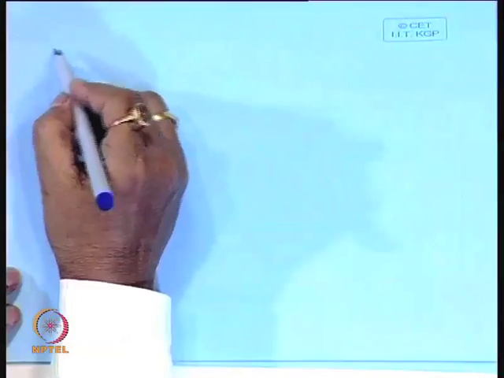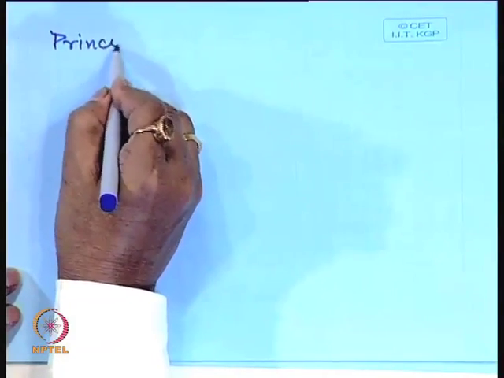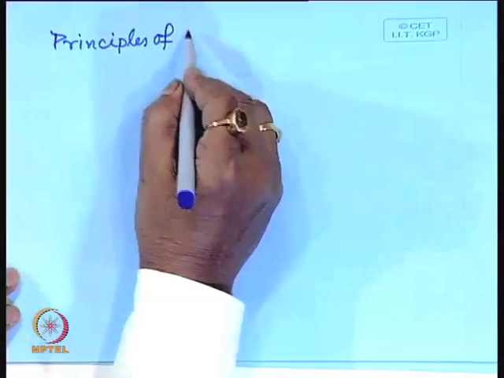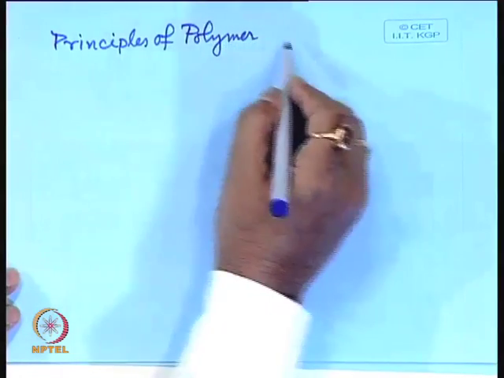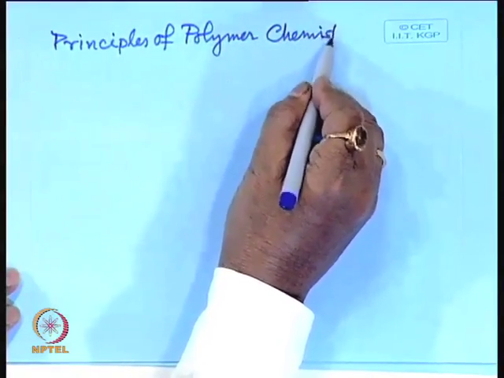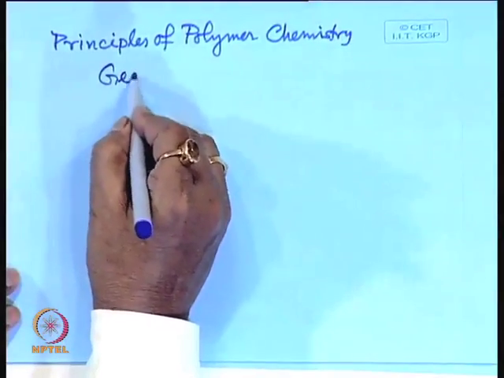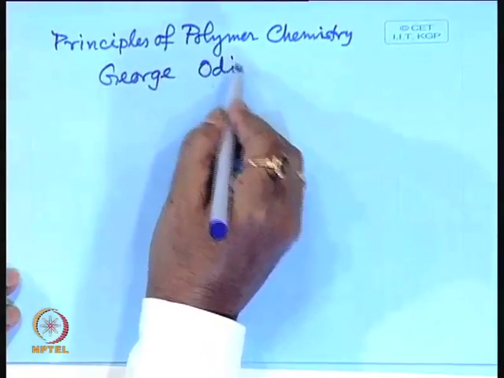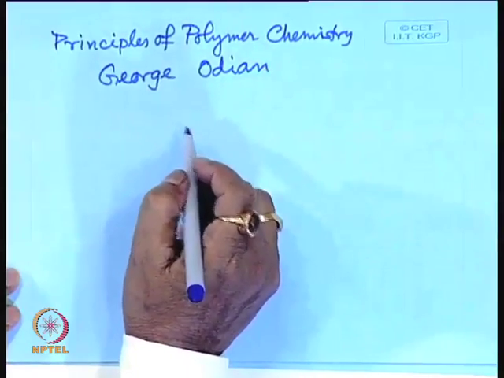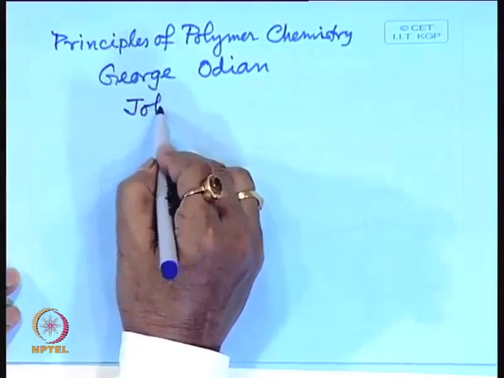There will be numerical calculations from these things, and I refer you a book, Principles of Polymer Chemistry, by George Odian, published by John Wiley.